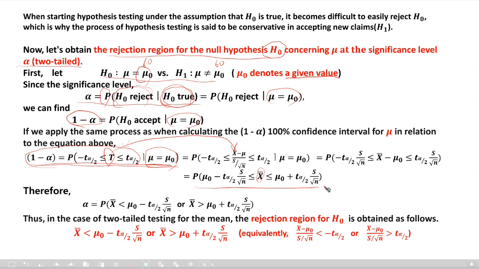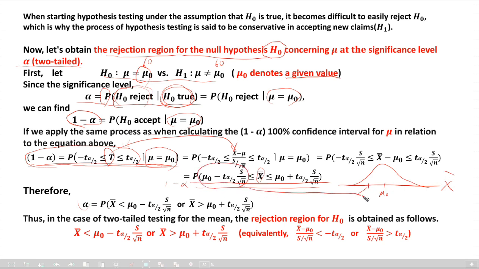Therefore, what is alpha? Since 1 minus alpha is like this, alpha is the other areas. Here x bar, some value, mu 0 here, some value here.